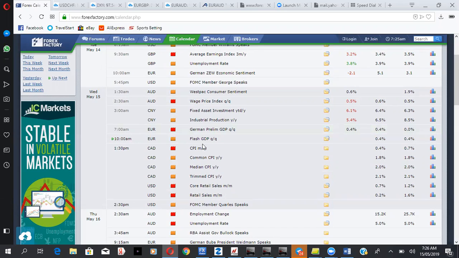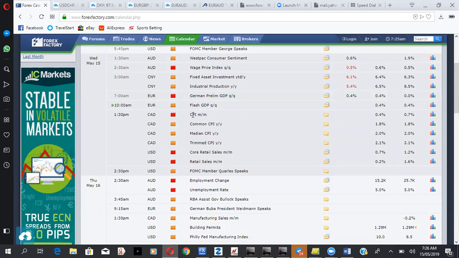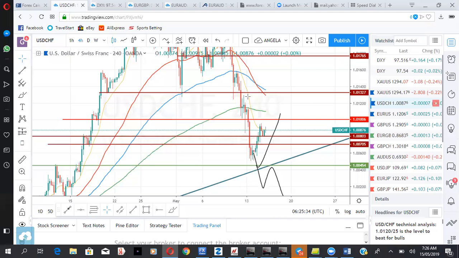So the next news you're waiting for is the Euro flash GDP, the Canadian CPI by 1:30 local time. And at that same 1:30, you have two very high impact and a few medium impact USD news. But for this morning, apart from the Euro flash GDP by 10 a.m., we do not have any other major news. So that aside, we start off with our pairs.